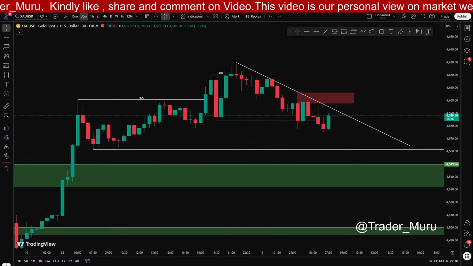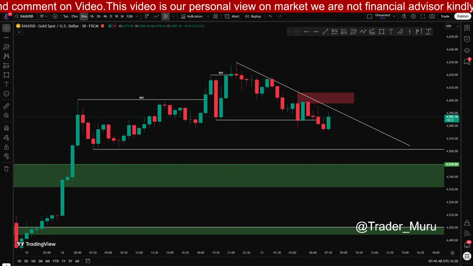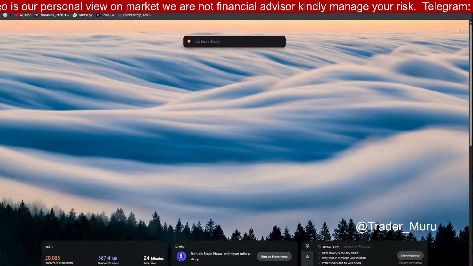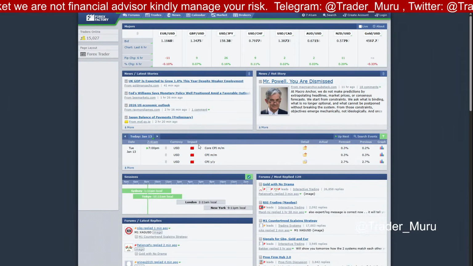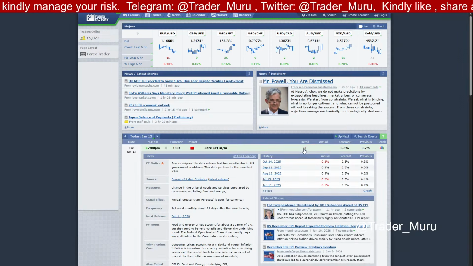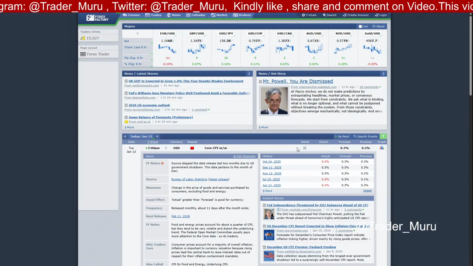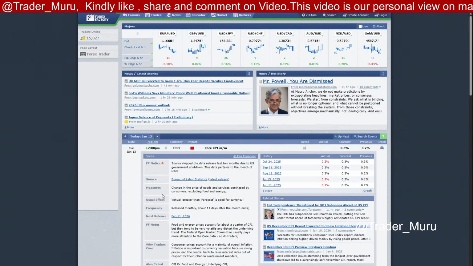CPI is a news. Today we have CPI news. If you don't know what this news means, you just click on this folder icon and you can see its effect here.